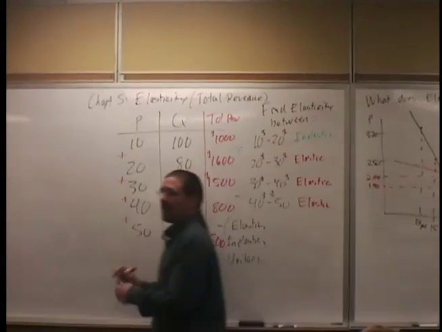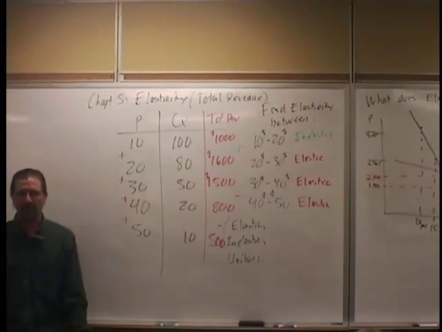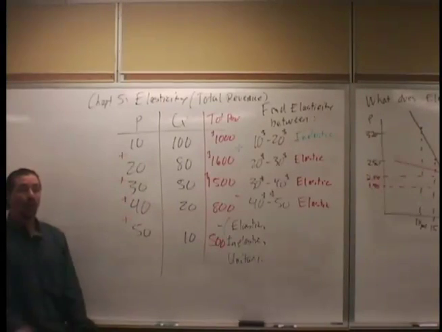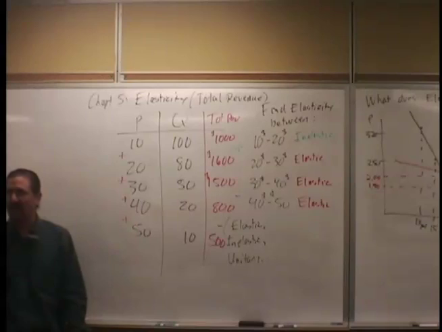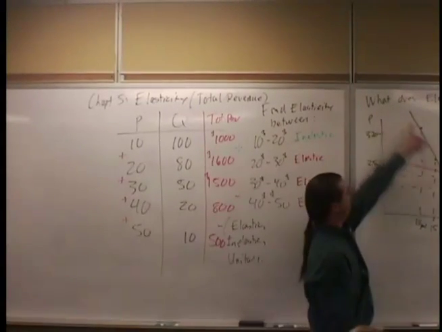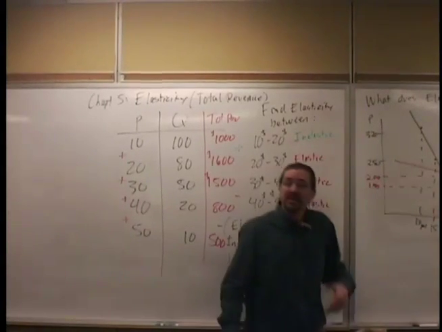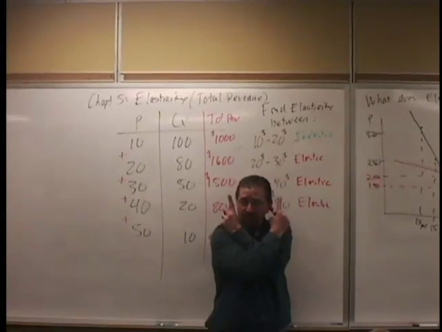So one of the things that I may do on a quiz is put 3 lines that look like demand curves on a graph and ask you which one is the most inelastic, or which one is the most elastic, or something along those lines. Compare the 2 lines, right? So tell me that this line is more inelastic than this line because it's steeper, and be able to switch your brain around and go in reverse.